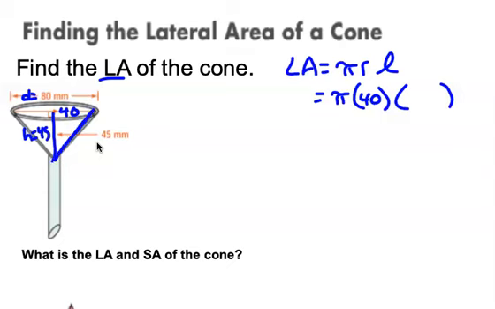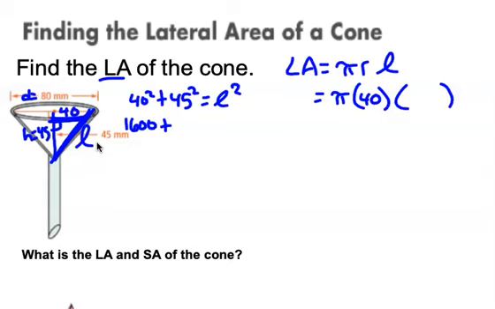What we want is L, and we're going to fix that the exact same way as yesterday with Pythagorean Theorem. So if 40 is the radius and 45 is H, to find L, we need 40 squared plus 45 squared equals L squared. And we need to solve that to get our slanted height.